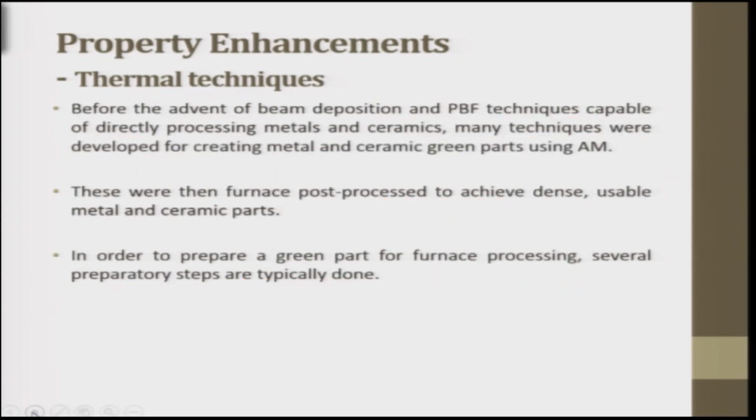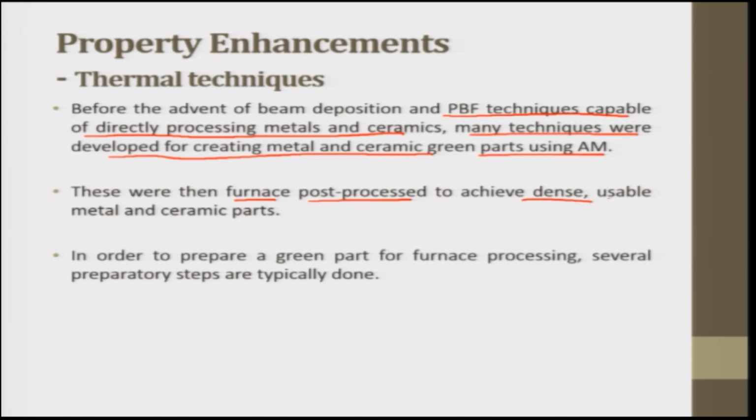Before the advent of beam deposition and powder bed fusion techniques capable of directly processing metals and ceramics, many techniques were developed for creating metal and ceramic green parts using additive manufacturing. These were then furnace and post processed. So heat treatment is one of the processes. Now next is furnace and post processing to achieve dense and usable metal and ceramic parts.